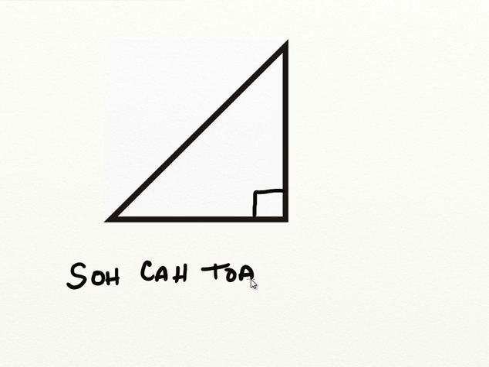And that helped us remember the three primary trigonometric ratios of sine, cosine, and tangent. So if I was to throw an angle in this corner here, well, hopefully you'd be able to tell me that there are three sides associated with this triangle, and you could label them adjacent, opposite, and hypotenuse.